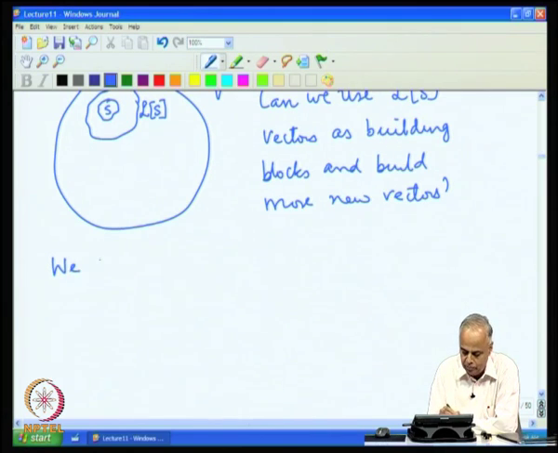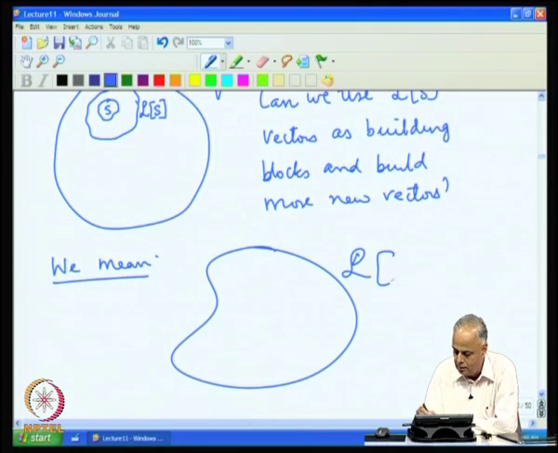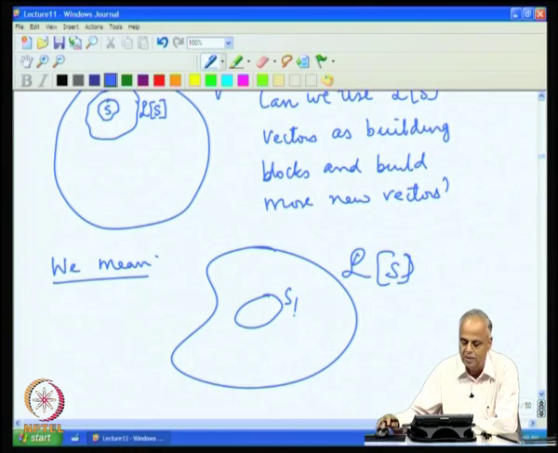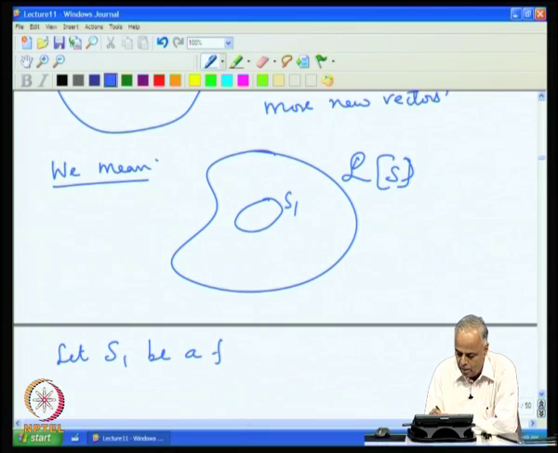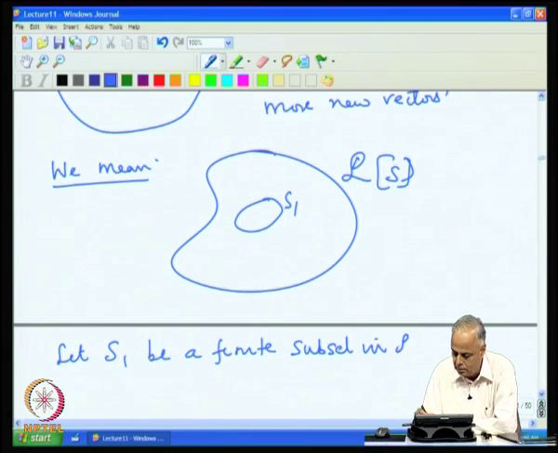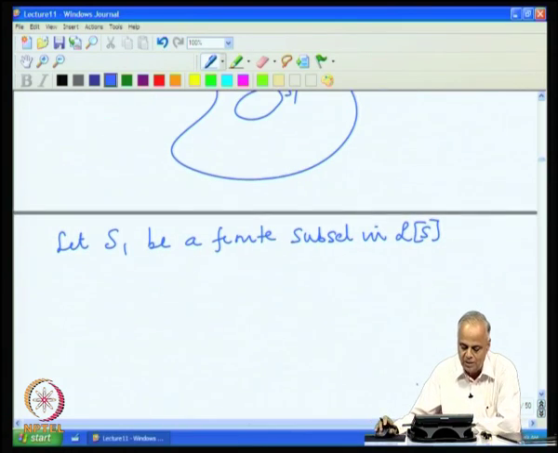We mean, now take, here is your LS which you have built. In this LS you pick a small finite subset. So, let S1 be a finite subset in LS. Now, go through the building construction starting from S1.